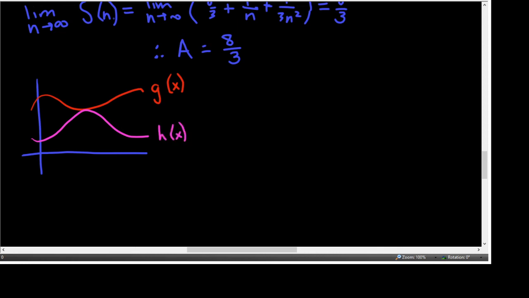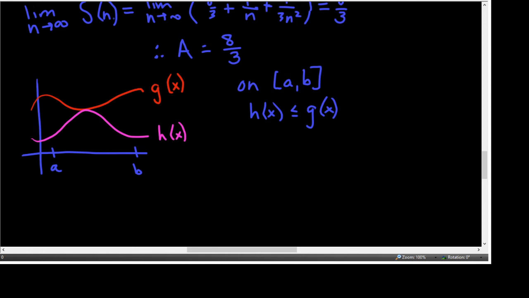And let's claim that we know that, at least on the interval a to b, for sure, so I better write in where a and b are. On this interval from a to b, we know that this is always true: h of x is always less than or equal to g of x. That's our starting point.